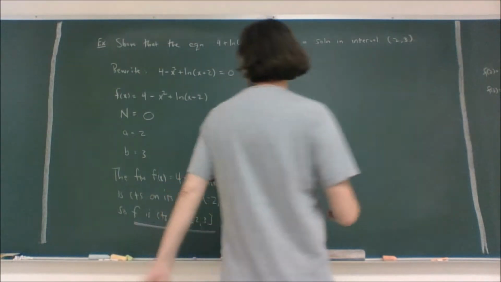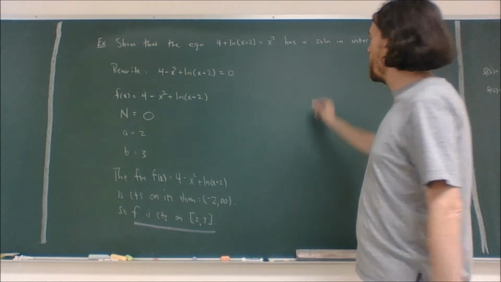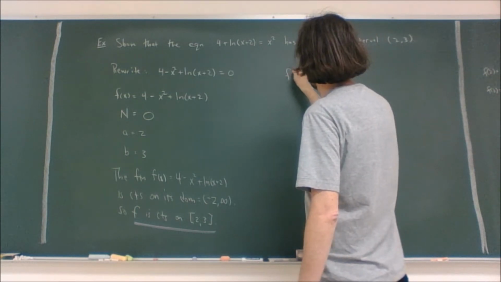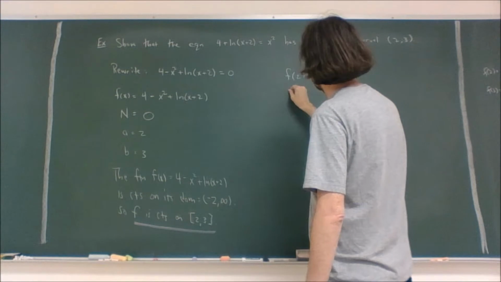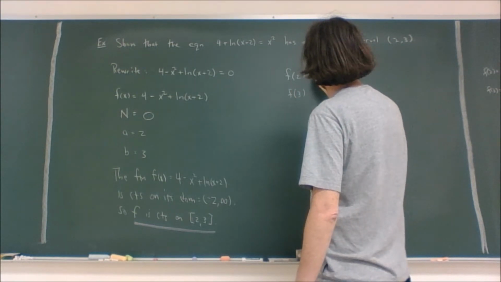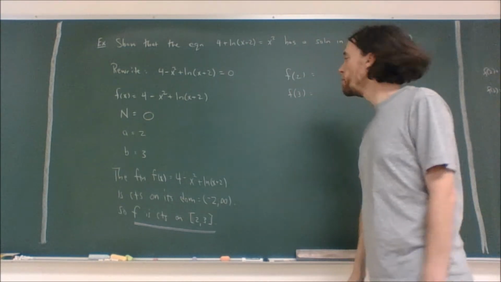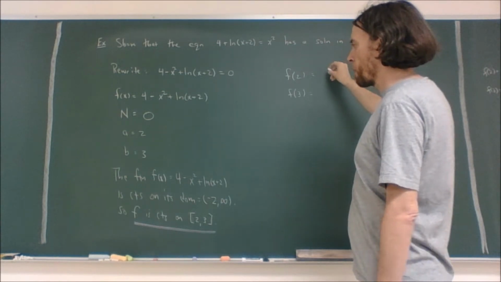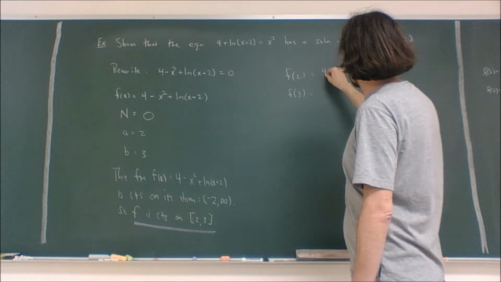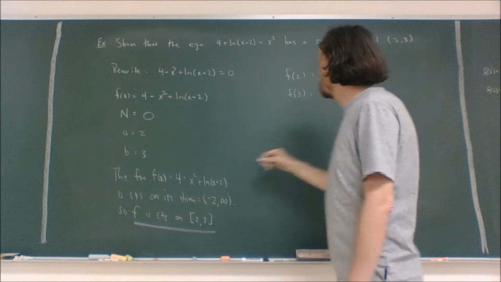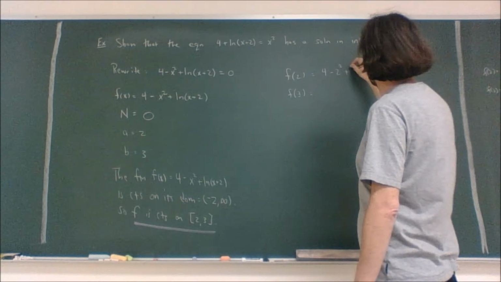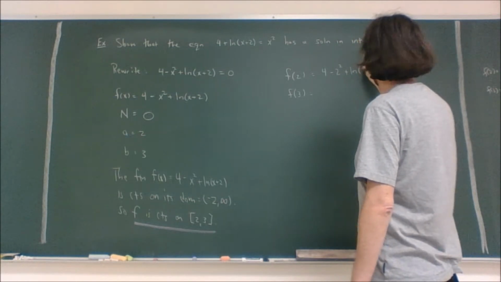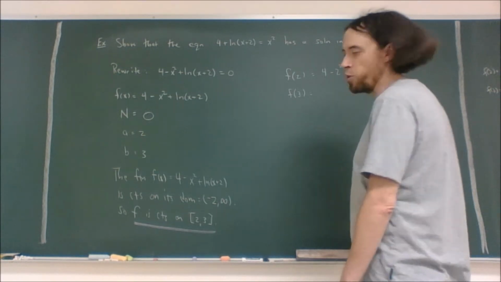Now for the second condition, we've got to calculate f of a and f of b. For us, that's f of 2 and f of 3. Okay, so f of 2 is 4 minus 2 squared plus natural log of 2 plus 2.